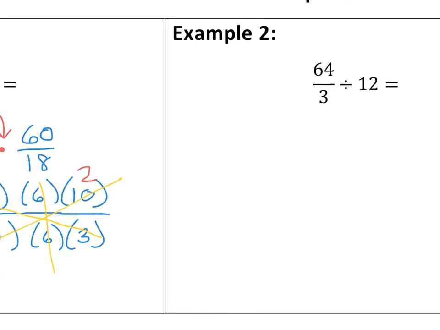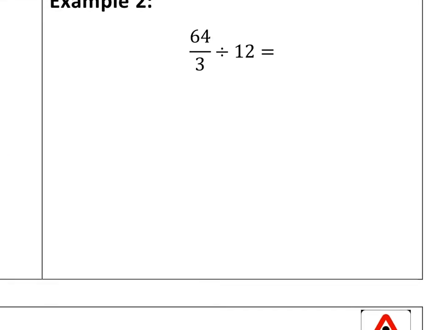All right, let's take a look at another example here. This time I've got 64 thirds being divided by a whole number, 12. And so we're going to follow the same process here. 64, I think of 8 times 8, divided by 3. And I'm going to change that division to multiplication of 1 over the reciprocal, so I think maybe 4 times 3.